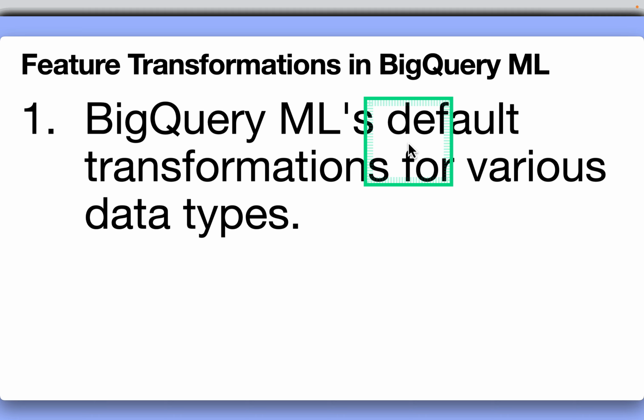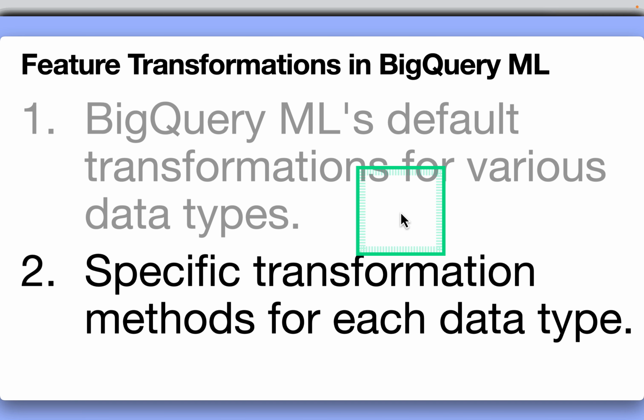BigQuery ML has default transformation for different data types, including int64, bool for boolean, array, timestamp, and struct. These transformations are part of the pre-processing phase during model training. Transformation methods are specific to each data type. For numerical columns, standardization is the default method.